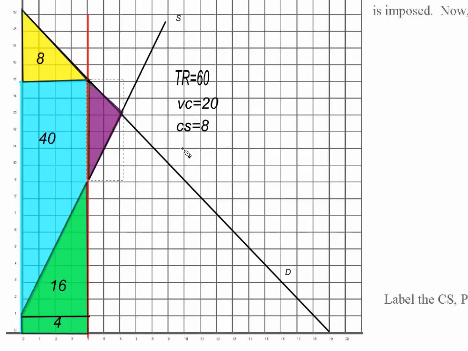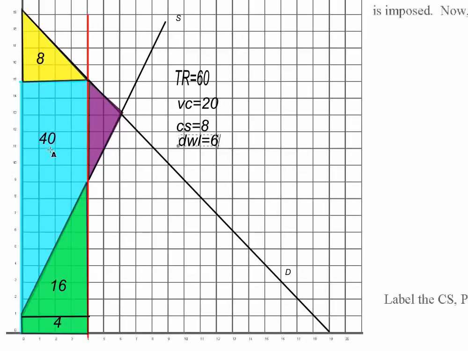Half of that is 6. So the deadweight loss is going to be $6 in this case. And you know how to get the total surplus: the consumer surplus plus the producer surplus, 48 in this case.